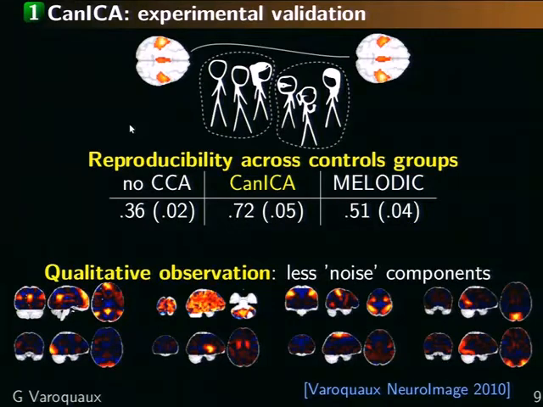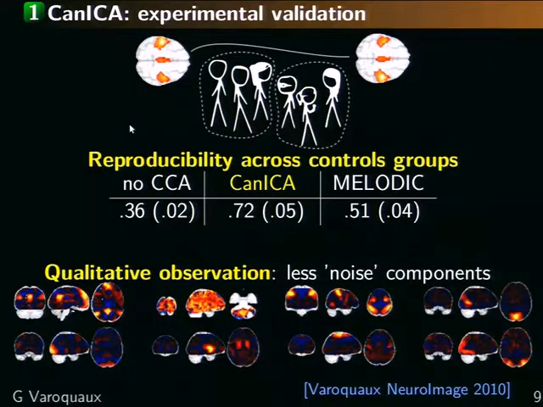So now we have a two-step approach with rejection of observation noise at the subject level and rejection of subject-to-subject variability noise at the group level. And then we run ICA. We've called this approach CanICA, for canonical ICA.